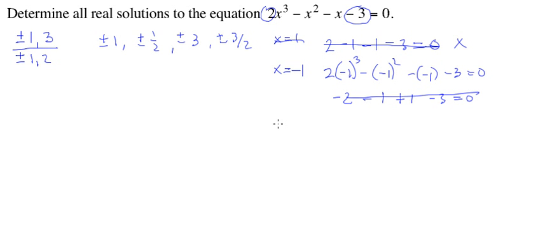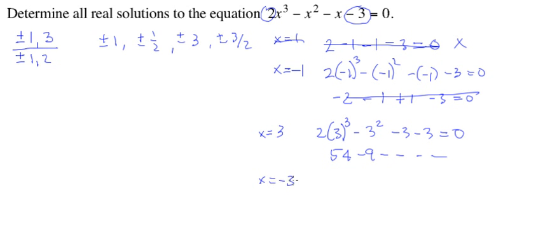How about 3? I'm avoiding doing the fractions because they scare me. So if x is 3, we get 2 times 3 cubed minus 3 squared minus 3 minus 3 equals 0. That's 54 minus 9 minus, no, not going to work. How about negative 3?